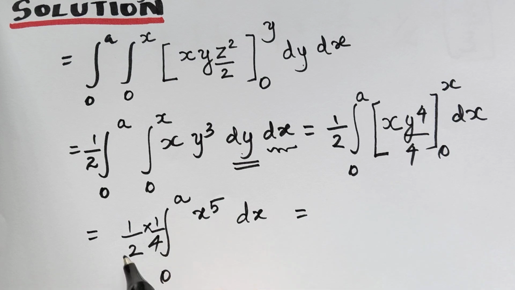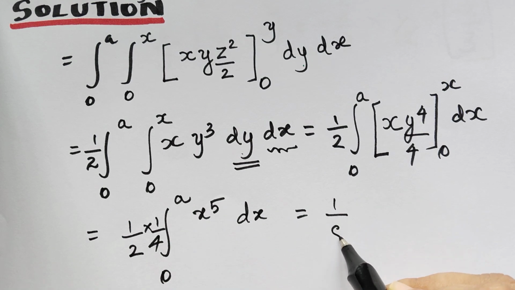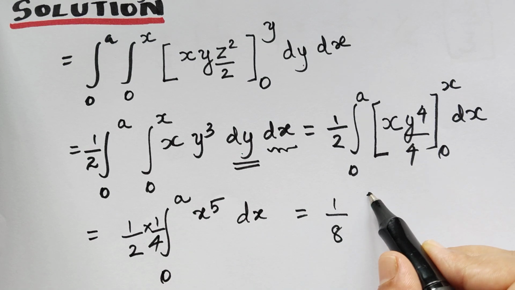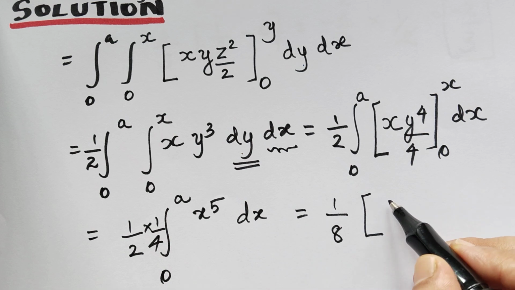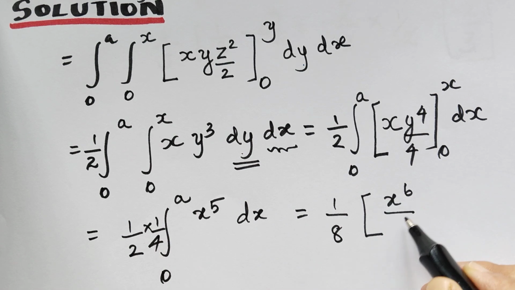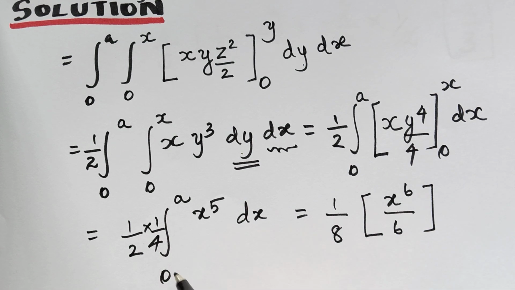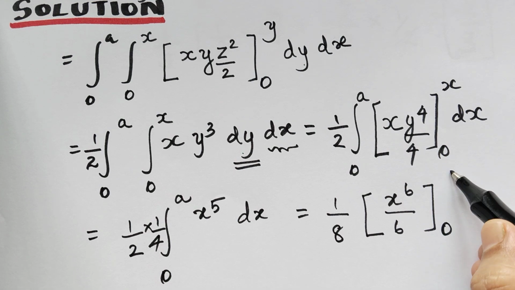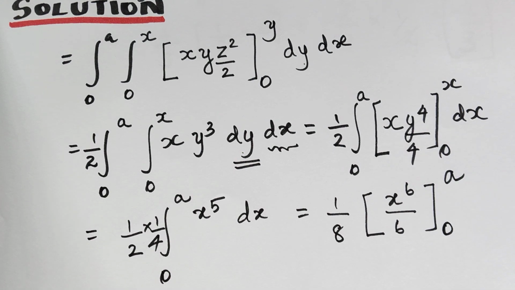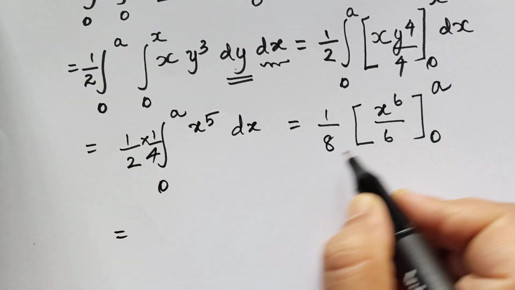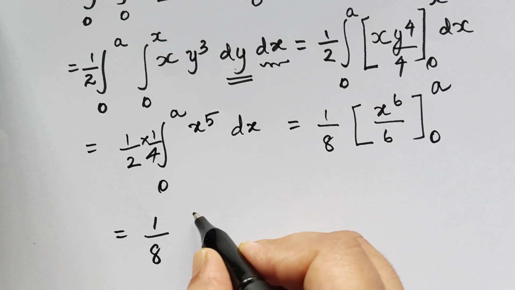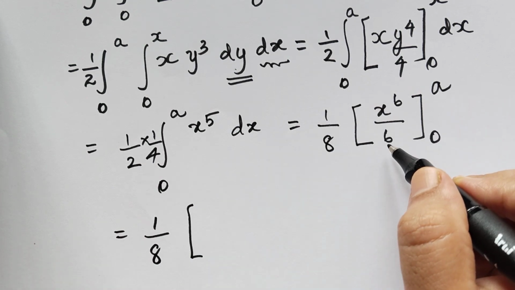So that is equal to, when you multiply this, 4 times 2 is 8, and when x to the power 5 is integrated with respect to dx, it becomes x to the power 6 divided by 6, with limits 0 to a. On applying the limits, we get 1 by 8 times the upper limit minus the lower limit.